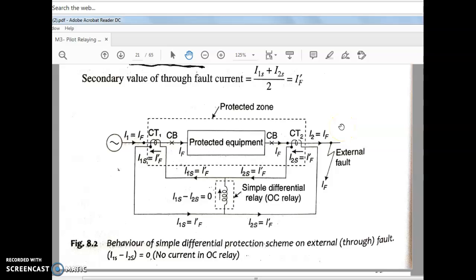In this type of case, normal conditions or external conditions, the current through the operating coil in the middle is 0.